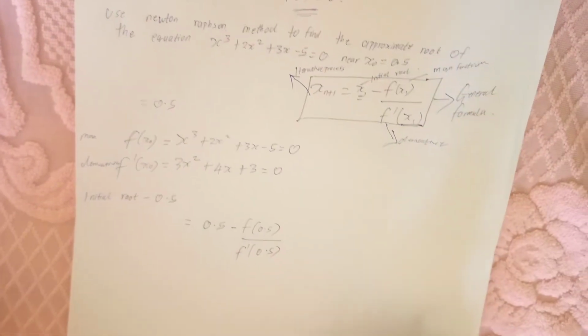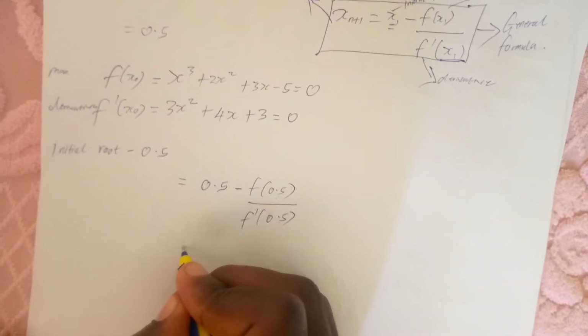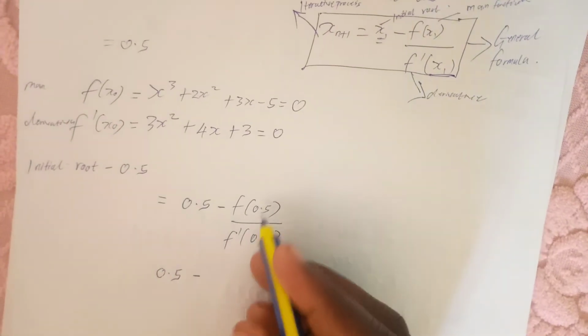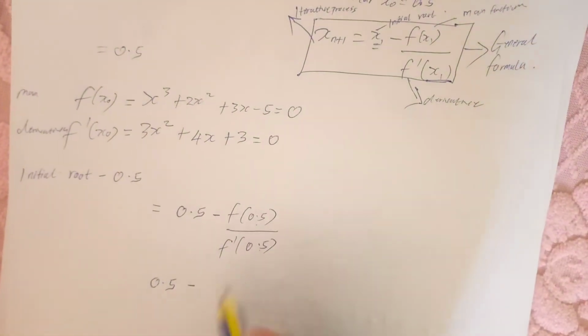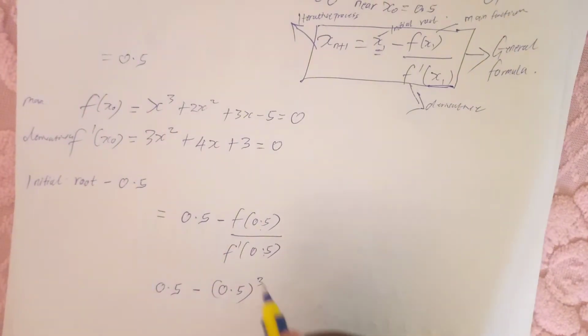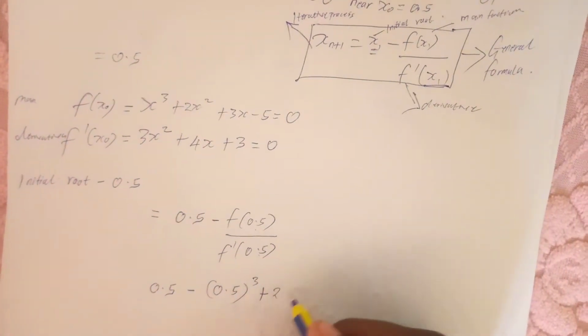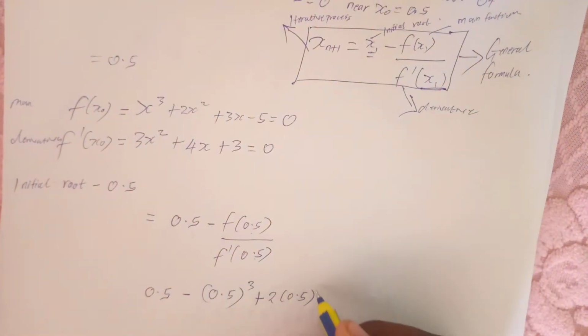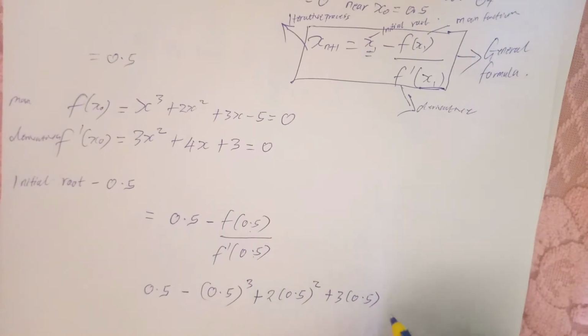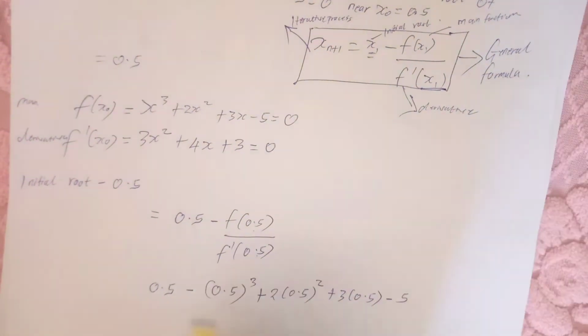It will be 0.5 minus, we go to the main function, 0.5 cubed plus 2 times 0.5 squared plus 3 times 0.5 minus 5.